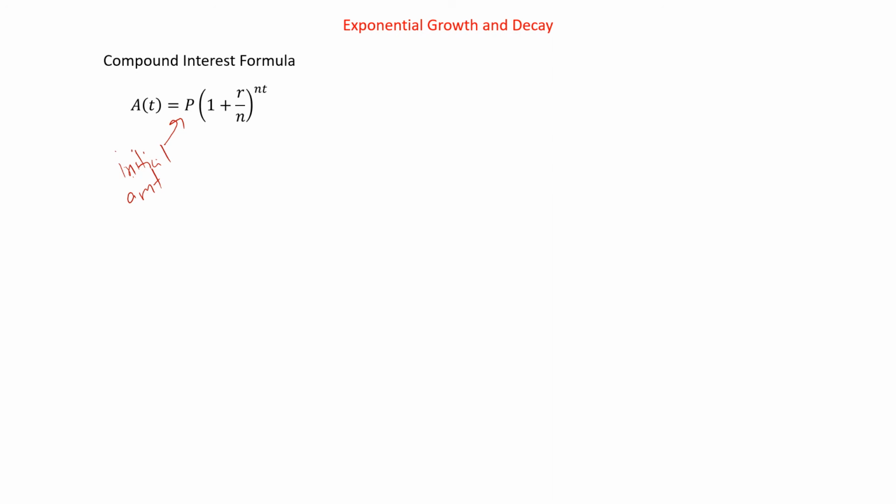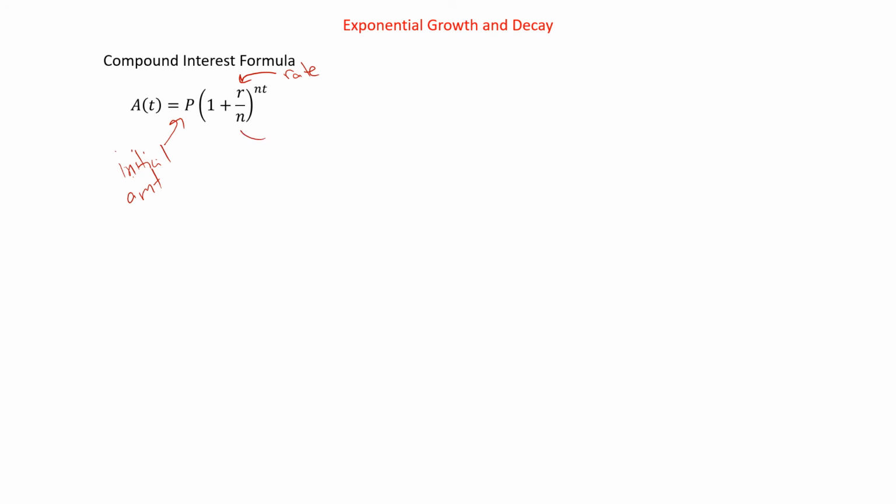R is the rate as a decimal, if it's, say, 6.2%, that would be 0.062. We have to remember to convert it to a decimal.